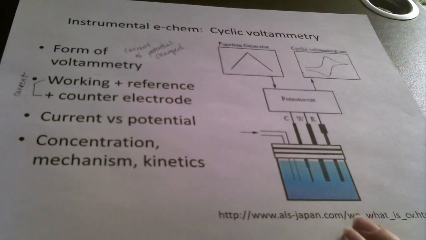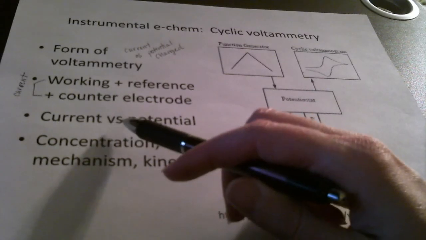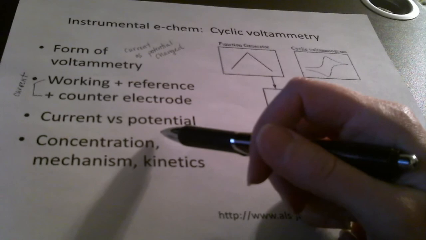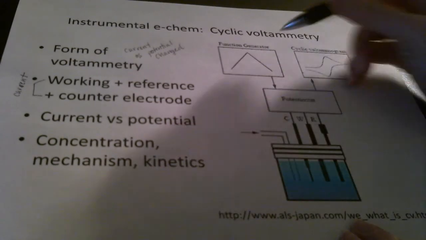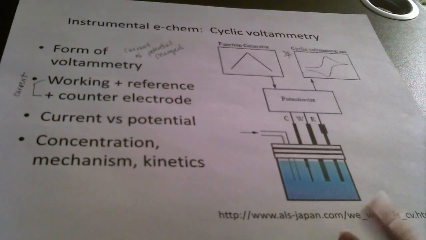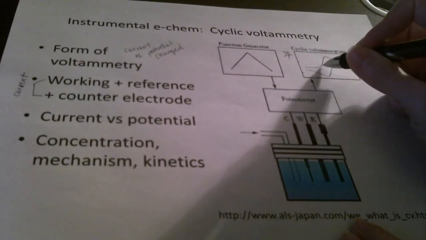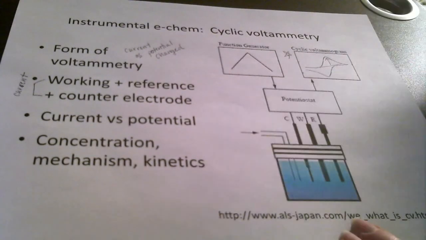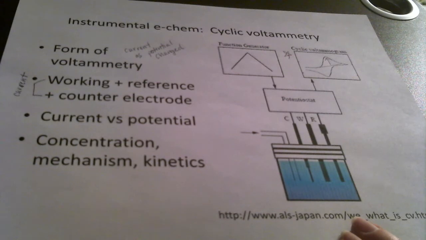So when we take a look at what that output looks like, we're looking at current as it responds to a change in potential, and our output, what we're actually measuring, is this cyclic voltammogram, which looks kind of like a duck. People call it a duck, and it's the height of this peak which can be used to be proportional to your analyte concentration.